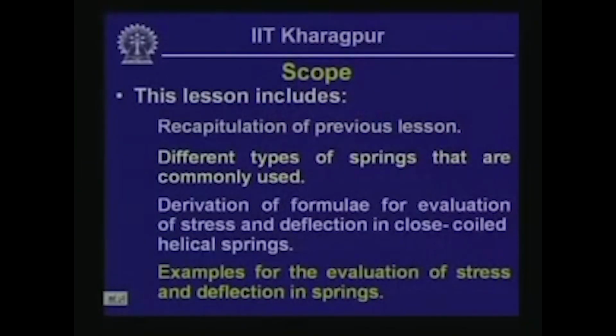We will try to make use of that and see what kind of stresses a spring is subjected to because of the application of the force, and we will try to combine the effect of these forces and thereby the stresses in a spring. Also, we will look into some examples for the evaluation of stress and deflection in springs.